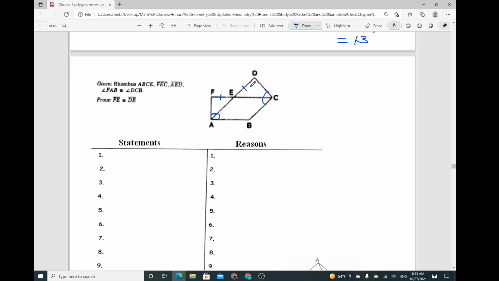So rhombus ABCE, this one is a rhombus. So if this one is a rhombus, that means all four sides have to be congruent. Okay, so start with the given statement. Given: ABCE is a rhombus.